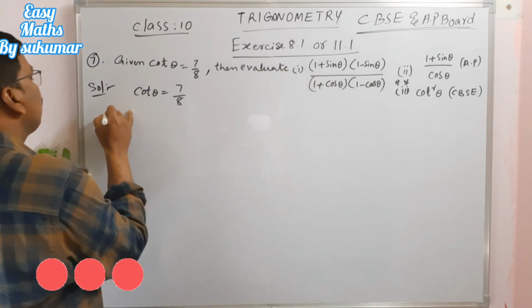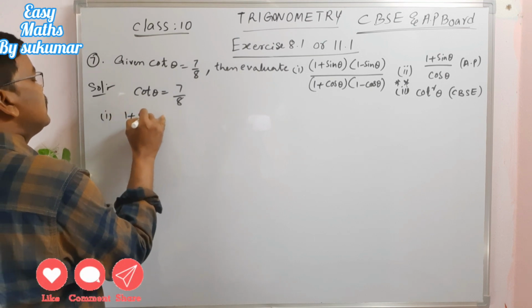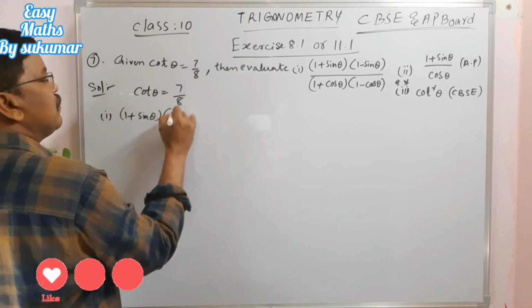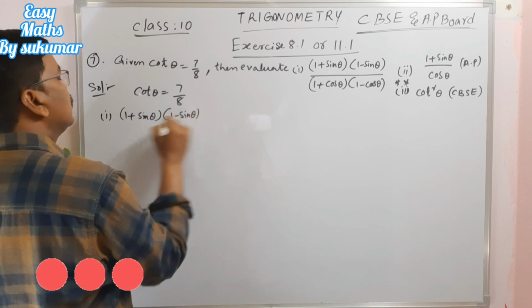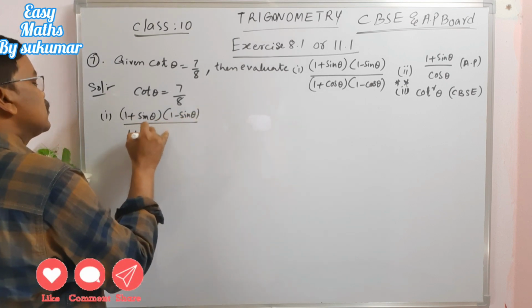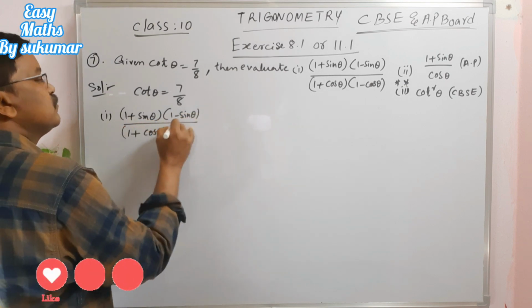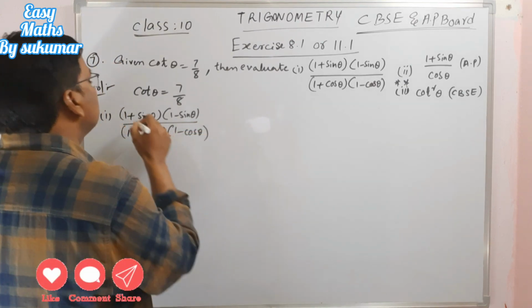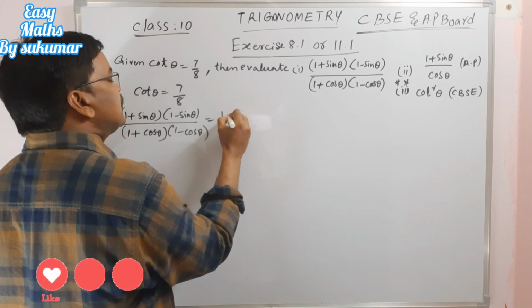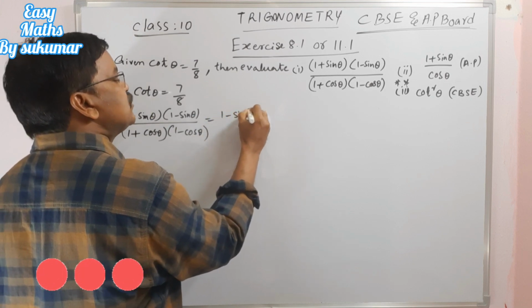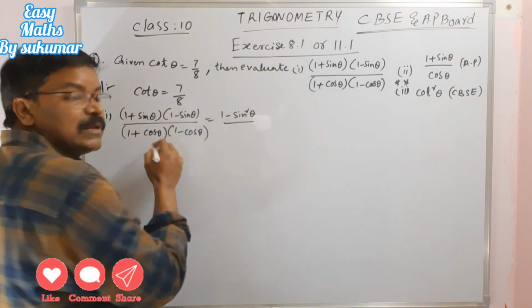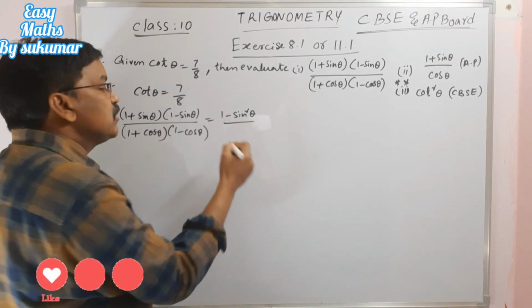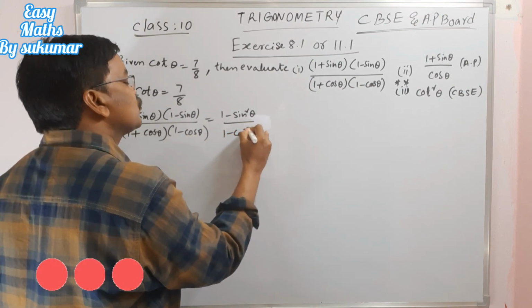Here what we have to find is 1 plus sin theta times 1 minus sin theta by 1 plus cos theta times 1 minus cos theta. Actually, 1 plus sin theta into 1 minus sin theta means 1 minus sin square theta, by 1 plus cos theta times 1 minus cos theta, which means 1 minus cos square theta.